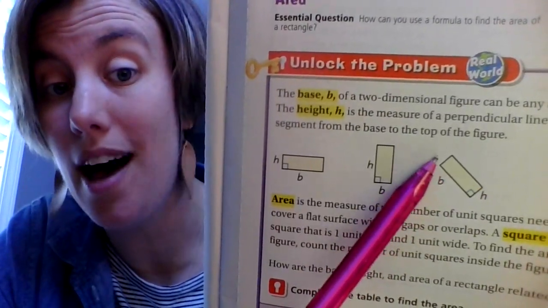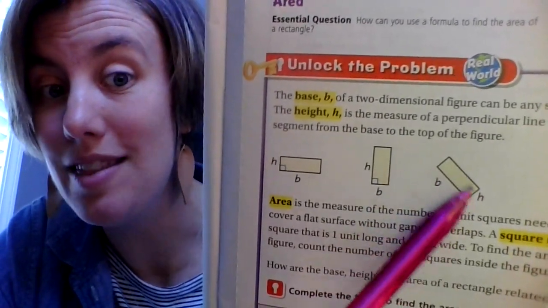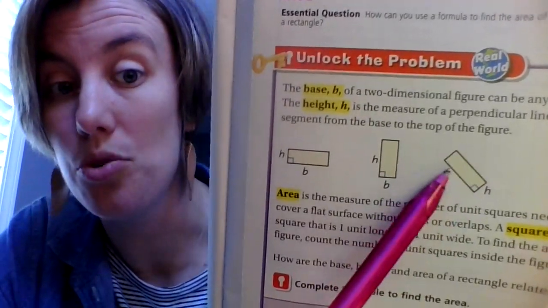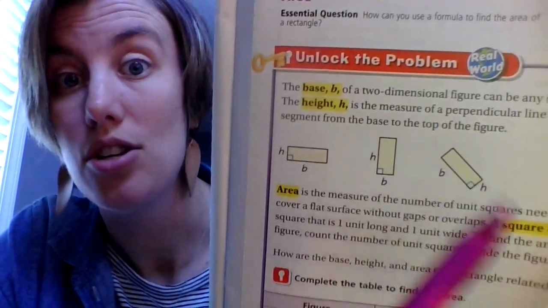This side could be the height, but this line could not be the height because it does not adjoin with the original base using a right angle. So, they have to connect at a perpendicular line, which is a right angle.